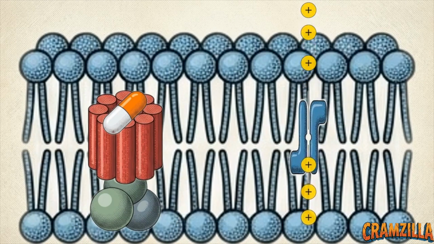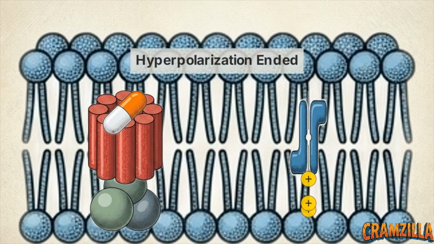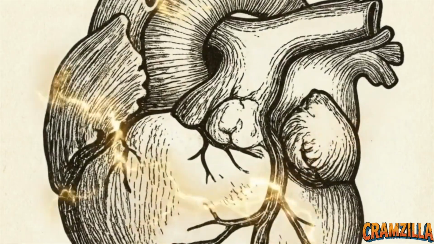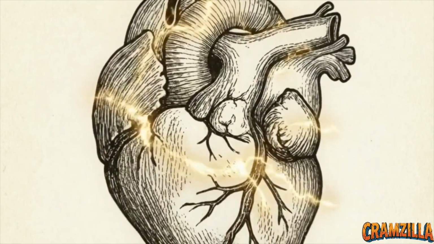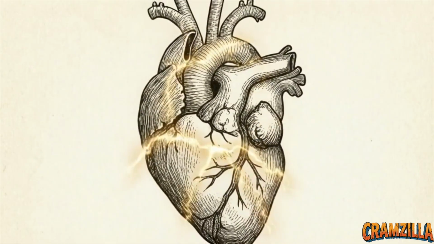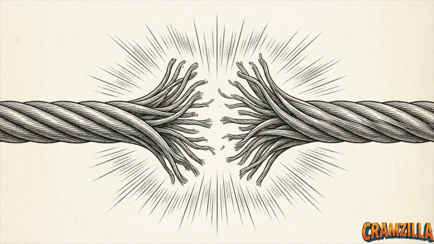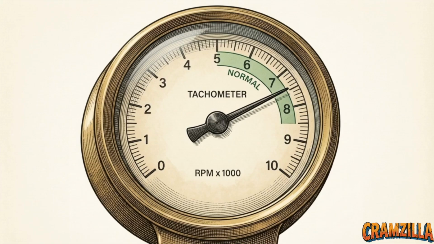The potassium channels close, stopping the rapid efflux of positive ions and immediately ending the hyperpolarization state. With the intense parasympathetic inhibition stripped away, the SA node fires significantly faster, and electrical signals easily transmit through the AV node again. Atropine doesn't actually possess any stimulatory properties of its own. It simply cuts the brake line, allowing the heart's inherent electrical automaticity to take over and drive the rate back up.